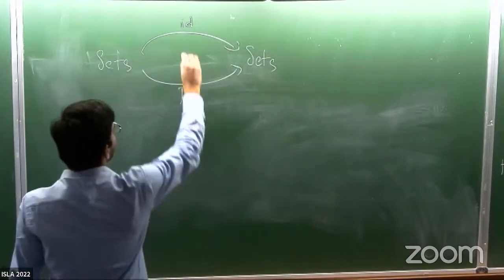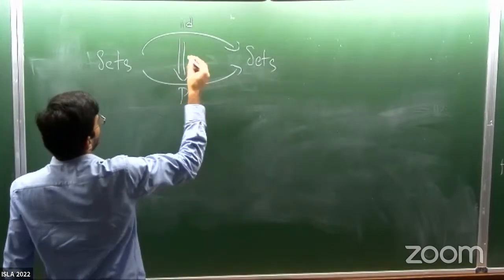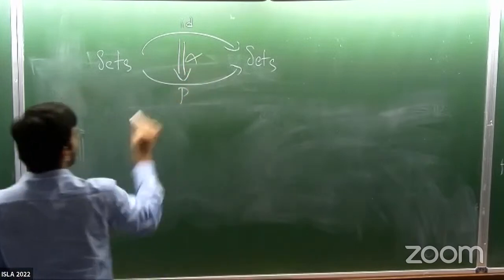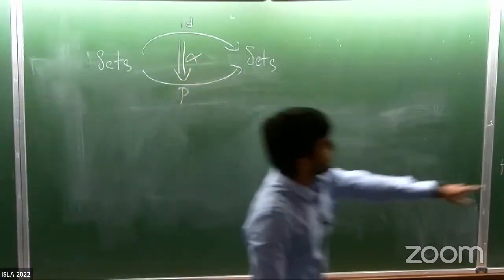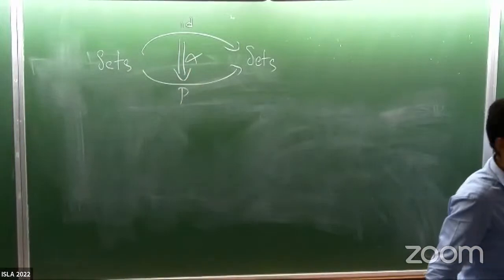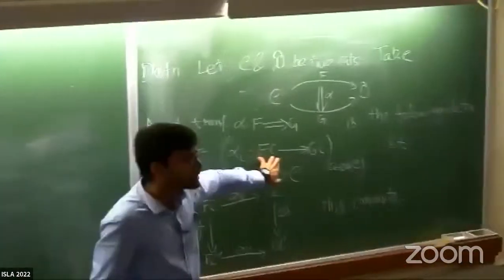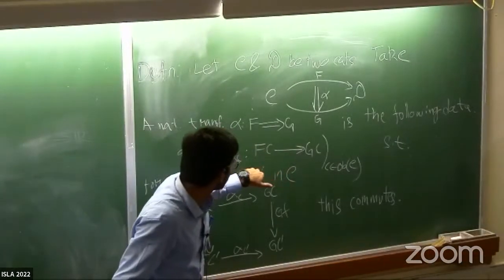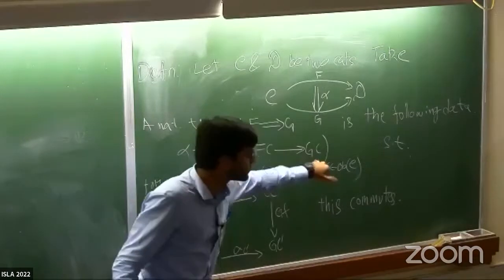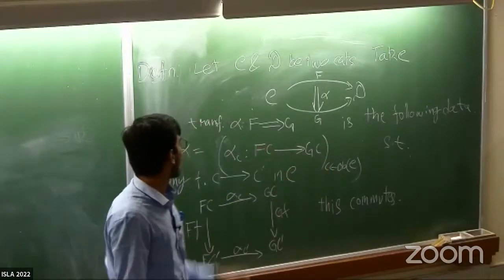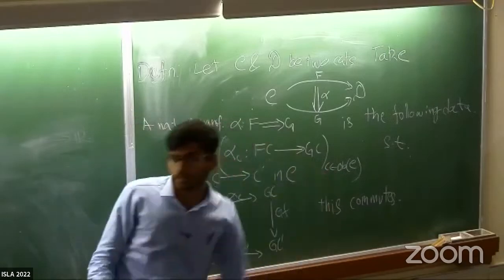And the natural transformation here, let me denote it by alpha, and these arrows are called components of a natural transformation. For each object C, alpha C, FC to GC, we call them the component of natural transformation alpha at C.